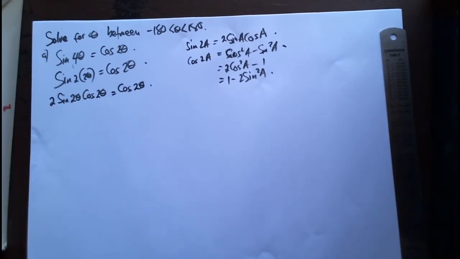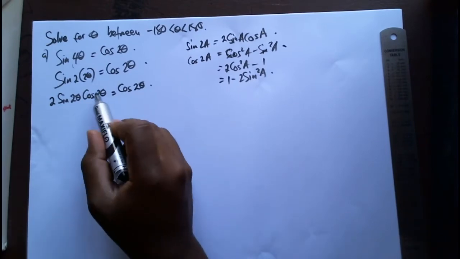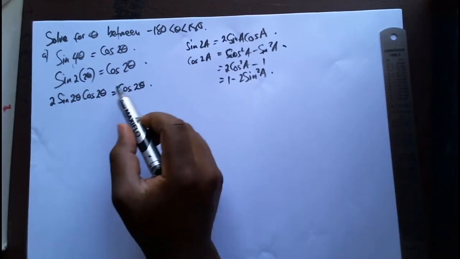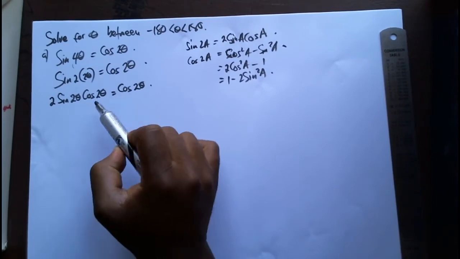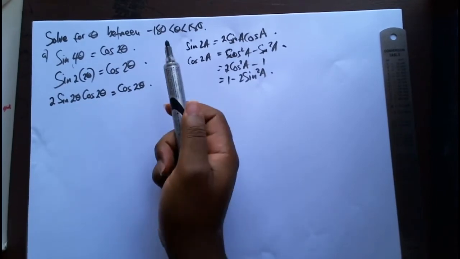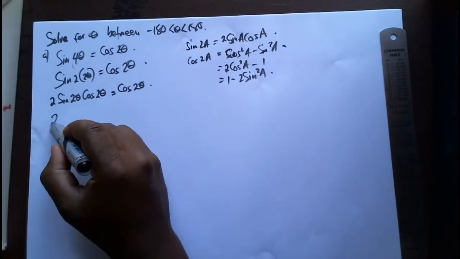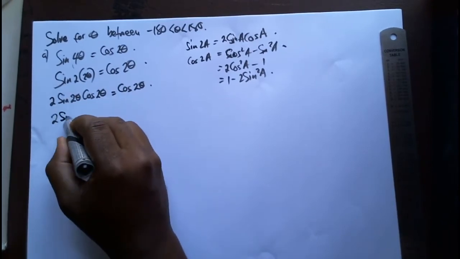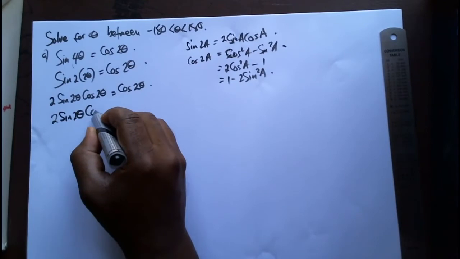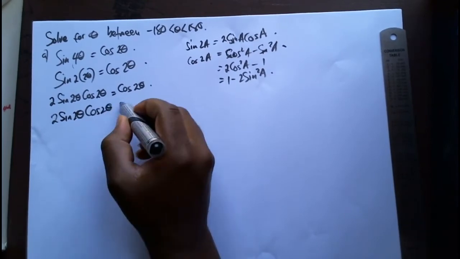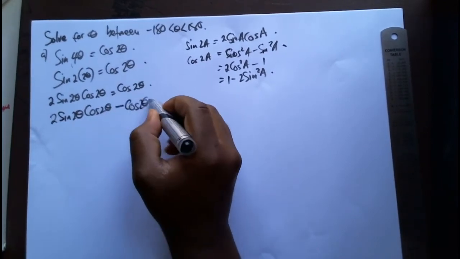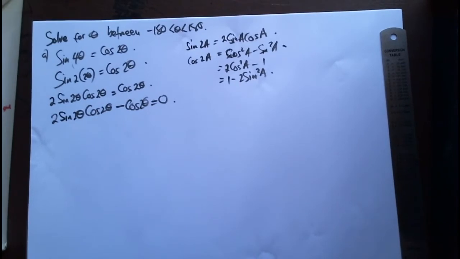So with this one, it is easier now. Remember, I said I can easily divide by cos 2 theta here. If I divide by cos 2 theta, then I'm going to lose some of the solutions. So the best thing is to factor it out. So I'll write 2 sine 2 theta cos 2 theta minus cos 2 theta is equal to 0. That is the first thing that I do.